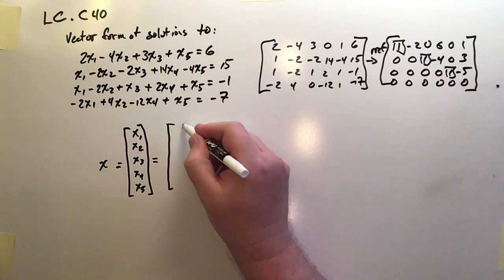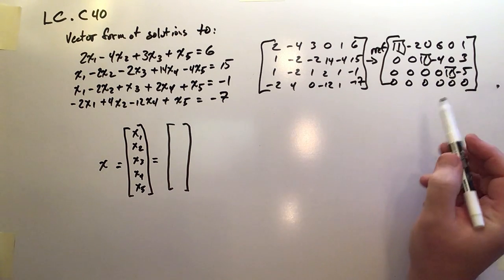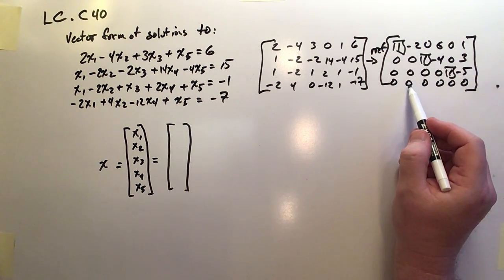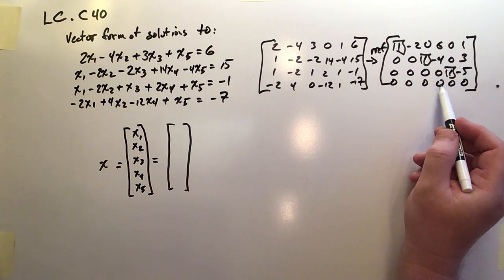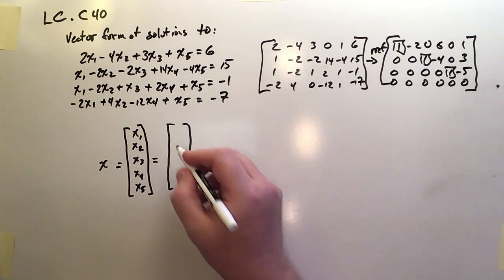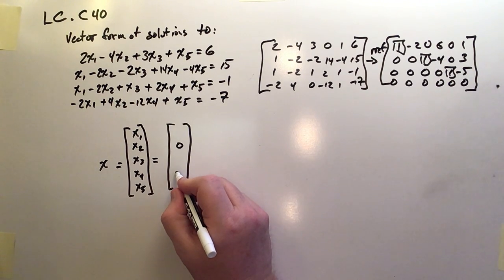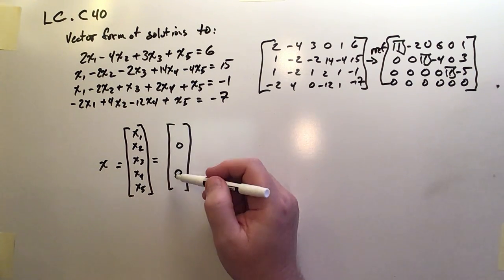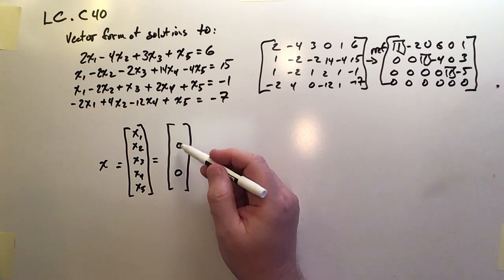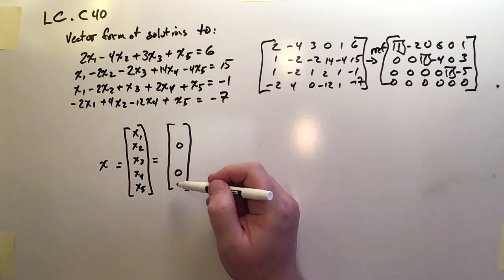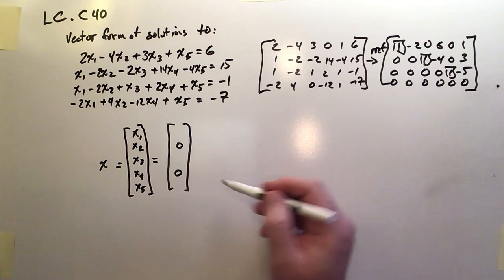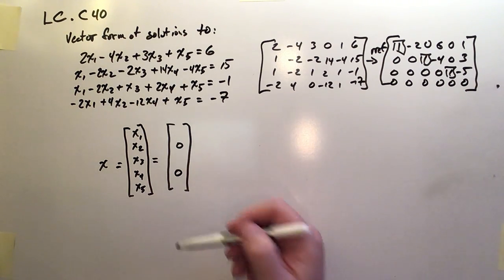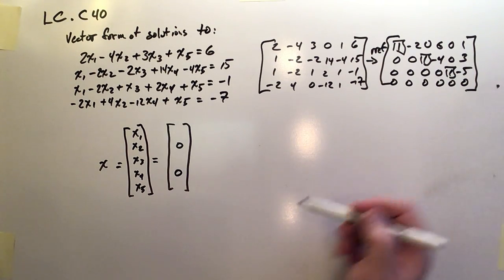Because the solutions for 2 and 4 are free, they get zeros in their column. So there's a 0 here and here, because there's no equation for values 2 and 4. Those are our free variables, so they're equal to themselves. There's no number to add or subtract.